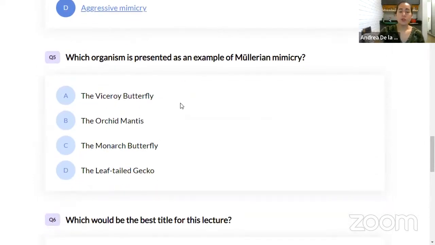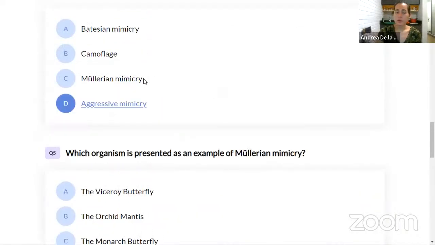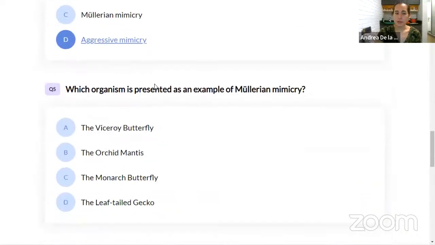Now question 5 says, which organism is presented as an example of Mullerian mimicry? Okay, here it says Mullerian mimicry. I'm guessing that it's going to be for the previous one, right? So option C, we're going to keep that in mind.